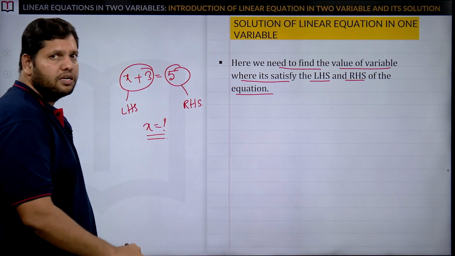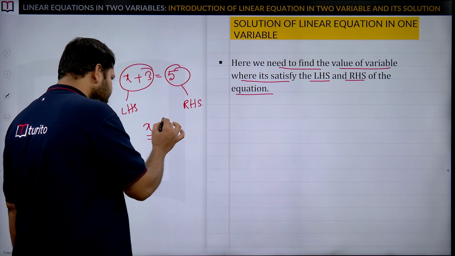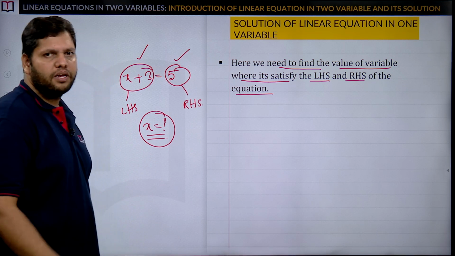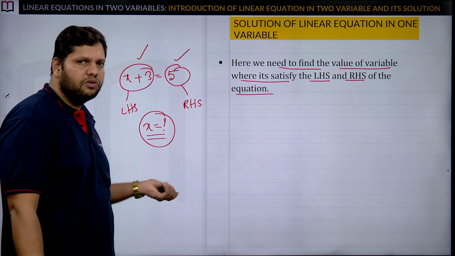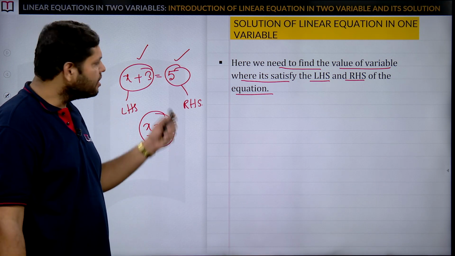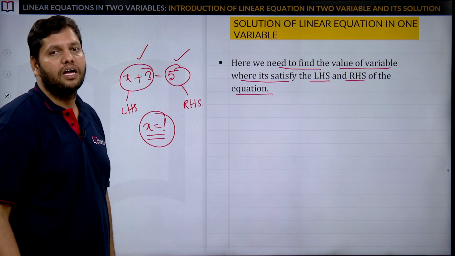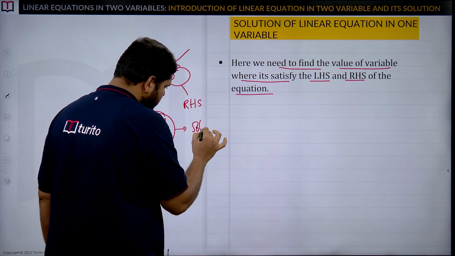I want to find this x value so that the LHS and RHS both should be equal. I want to find the x value so that it should satisfy the LHS expression value and RHS expression value. So, both should be the same, children. In that case, we can say x is a solution.